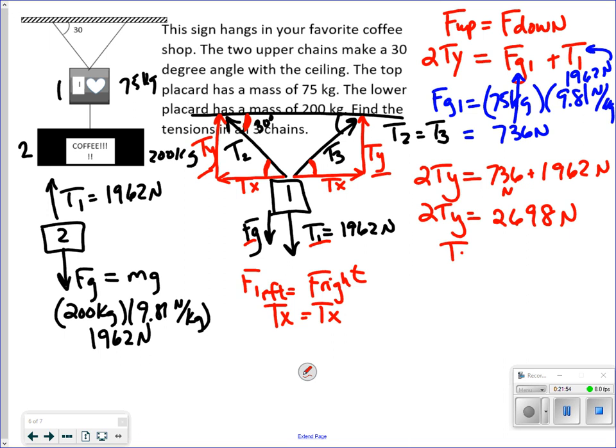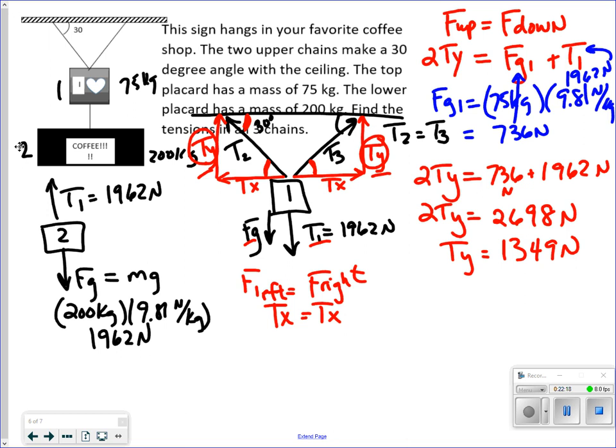So I divide by 2 and I figure out what the value of Ty is. I get approximately 1349 newtons. What this tells me is I know the value of this and of this. Why is that helpful? Because I'm going to be able to figure out the hypotenuse because I know an angle and I know the opposite side, so I can use trig and I will figure it out from there.